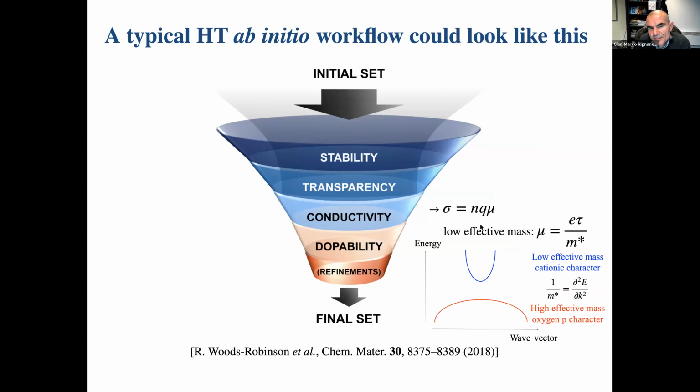The conductivity can be measured by looking at the mobility of the carriers. It's actually proportional to the mobility, and the mobility itself is related to the inverse of the effective mass.